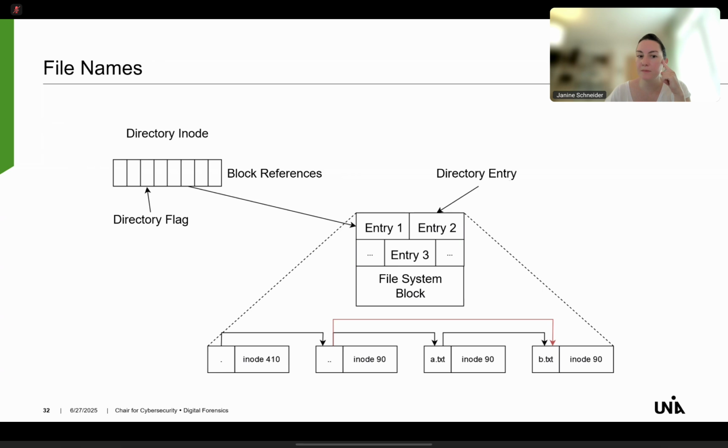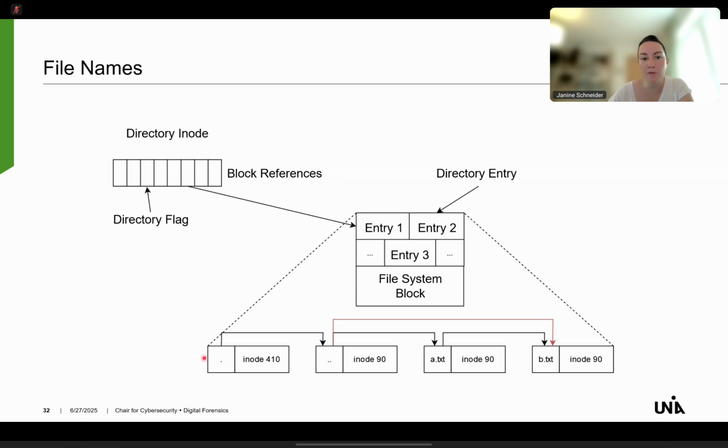So let's check out this example. We have a directory entry here, like this is the list, yeah, list is probably a better word. And we have several entries in this directory entry list. And as I told you, it always begins with the current directory and the parent directory.